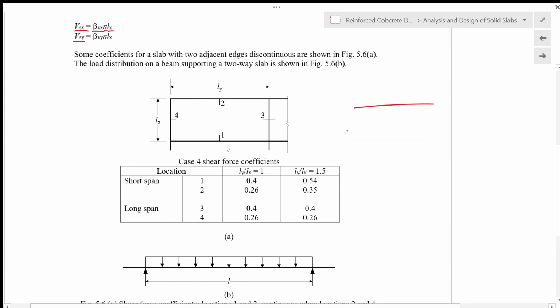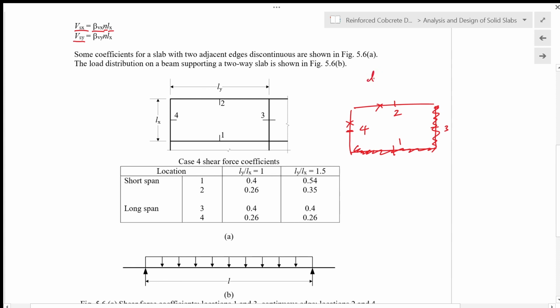If we have a rectangular slab like this with continuous edge here, continuous edge here, this continuous edge here and this continuous edge here, now we look at the shear at each of these locations. Okay, so this is the Lx direction, which is for 1 and 2, and then we have the Ly direction, which is for locations 3 and 4.